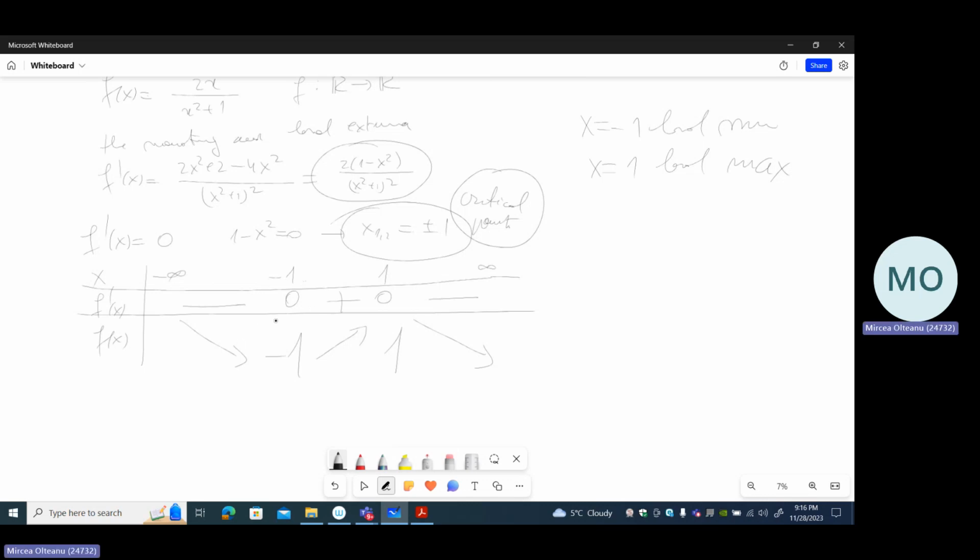To fulfill the complete study of the function, it's worth computing also the limits at minus infinity and infinity, which in this case are very simple. They are both 0, and also we can sketch a graph, which is given by the following. Okay, it's a sketch, not very clear.